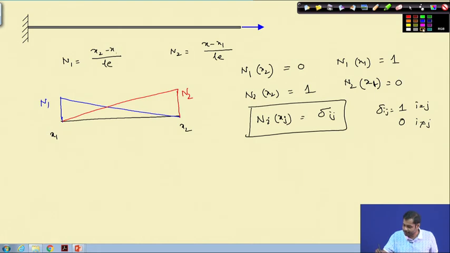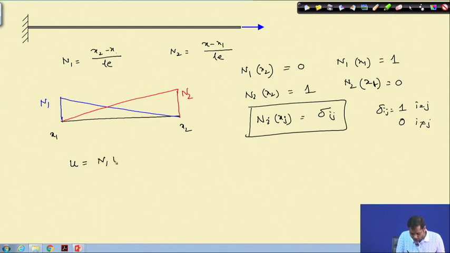Now, the next is, we have just seen that at any intermediate point, u is equal to n1 u1 plus n2 u2, right. Now, consider a case, for instance, this is the bar element. At this point you have u1 and at this point you have u2. Now, suppose this is moving like this as a rigid body.